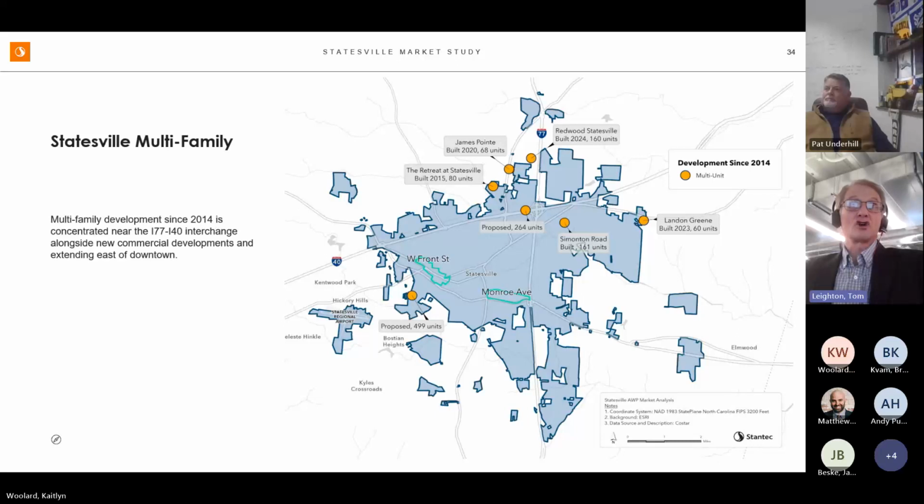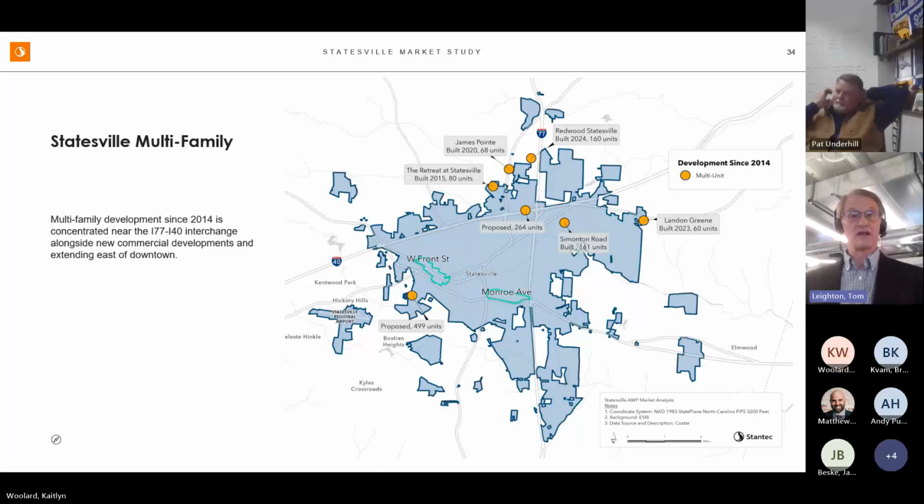So this is a chart that shows, similar to the industrial chart, that there are starting to be new multifamily housing developments coming online in Statesville. And you can see that they tend to be larger developments. A couple of these are proposed. One of the proposed developments has almost 500 units. They tend to be recent developments again.